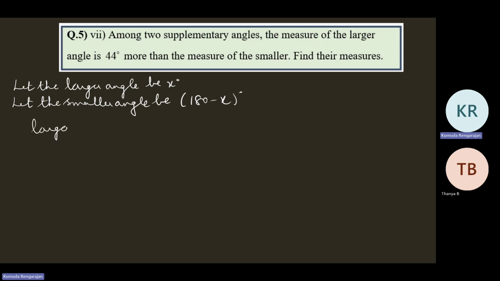Now, larger angle minus the smaller angle is equal to 44 degrees. That's what is given. So larger angle x minus the smaller angle 180 minus x, you should write this in bracket, is equal to 44 degrees.